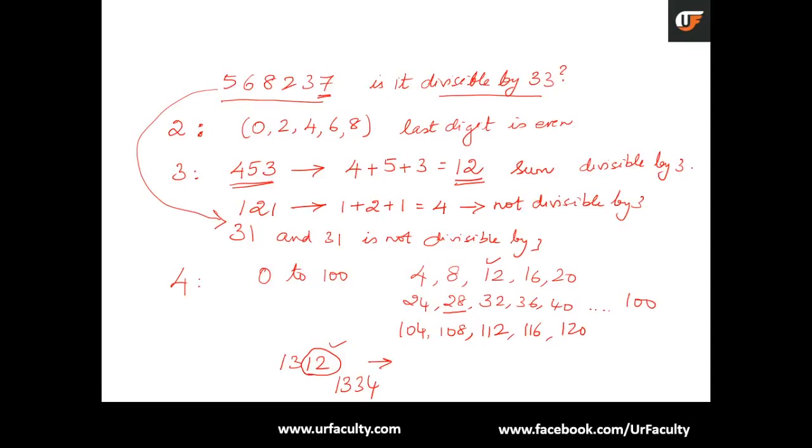Now we should not jump on to say that because this is even, it will be divisible by 4. 34, because it is 34, it is not divisible, because the number that is closer to it is either 32 or 36. Since the last two digits are 34 and 34 is not divisible by 4, 1334 is not divisible by 4.